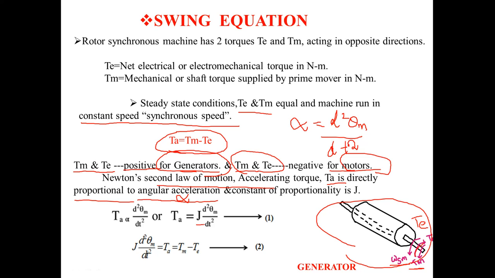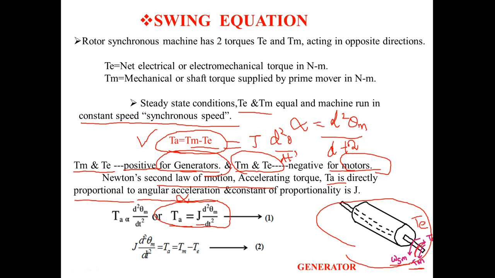Okay, so from the first equation, I am substituting this in the equation here. Then Ta is equal to Tm minus Te. This is equal to J d square theta m by dt square.